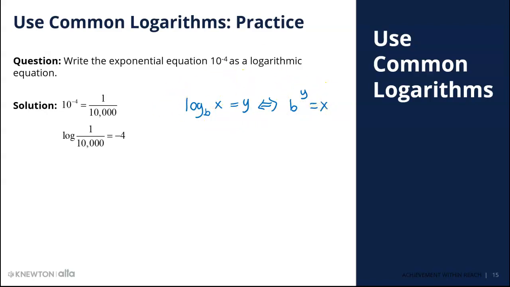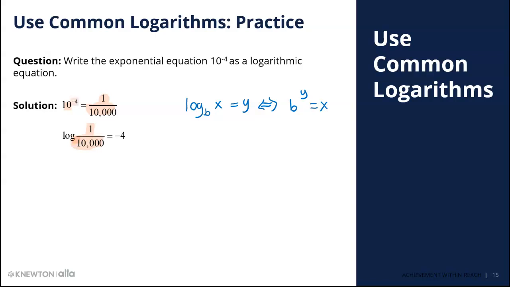Now in here, the base is equal to 10. That is why you don't see any base here, because for common logarithm, we don't need to write the base 10. Now, the number is then 1 over 10,000. That is your x. And that is equal to the exponent for 10.